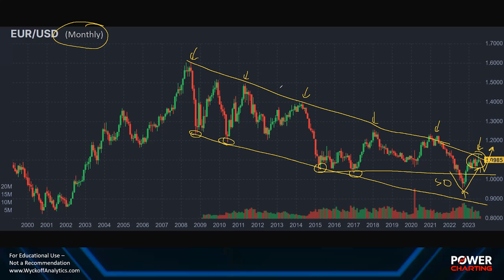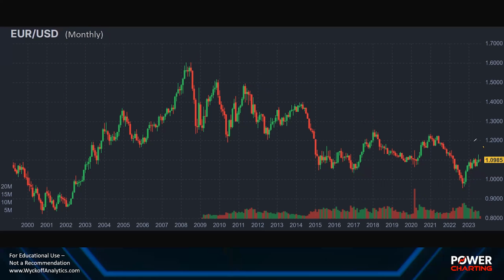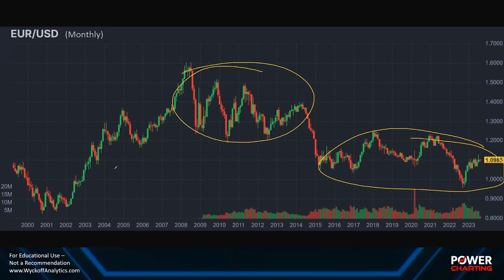All right. Well, I like this definition of the downtrend. Within this downtrend, we kind of see the structure, right? So we see one structure right here. Prior to that, we see another structure. At the beginning of the introduction of the euro, we had this famous apex that was resolved heavily to the upside.